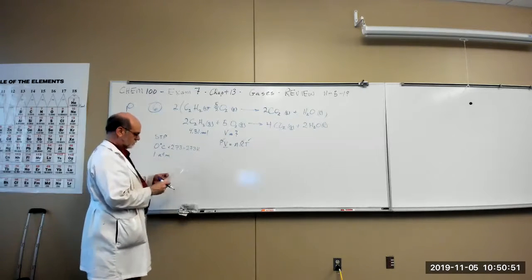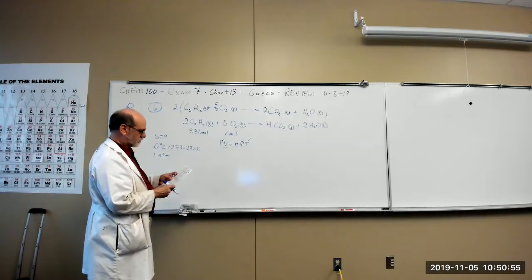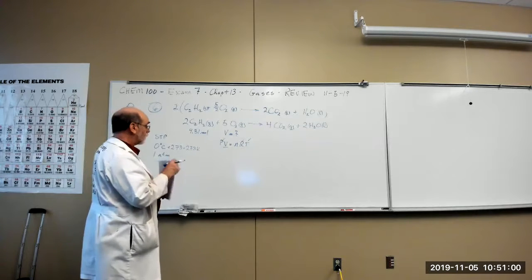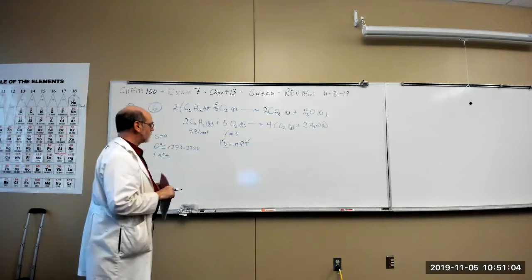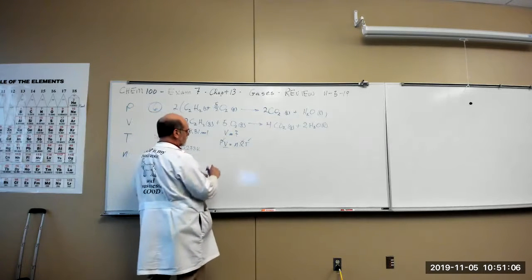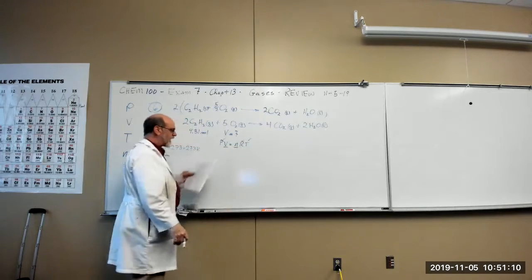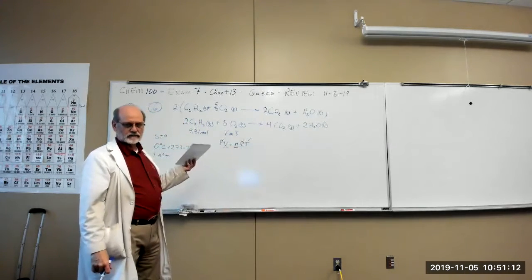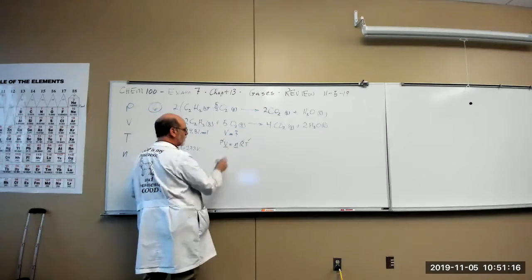So, do we have enough information yet? Well, almost, right? So we've got 2 variables here. We can't solve that equation yet. We need only 1 variable. So can we find one of these variables?